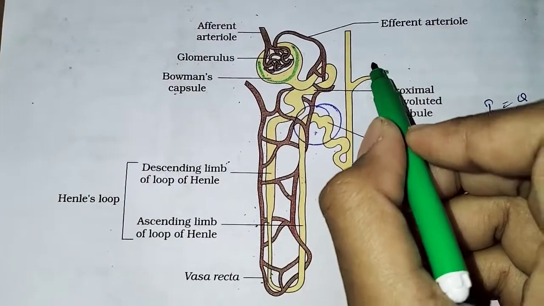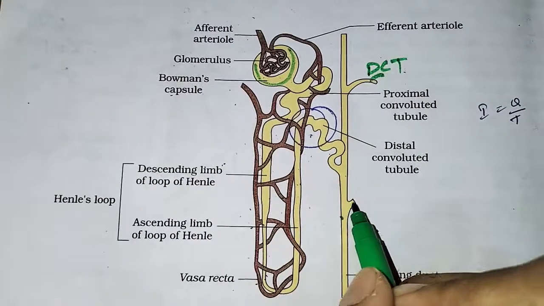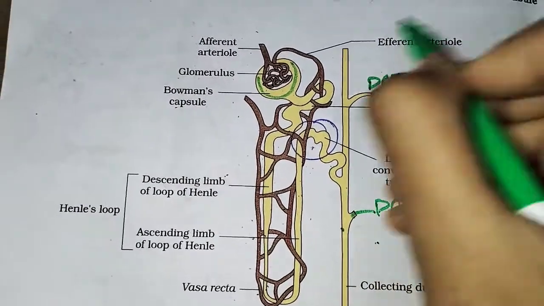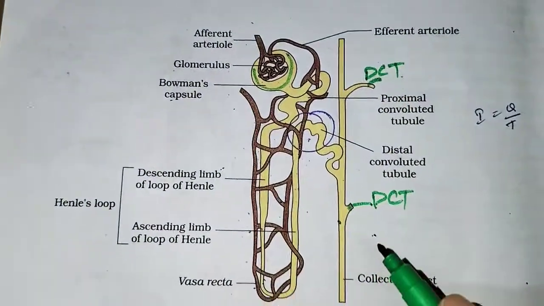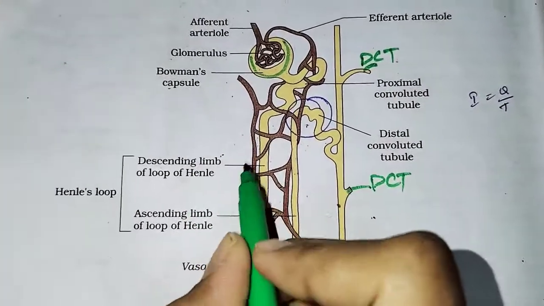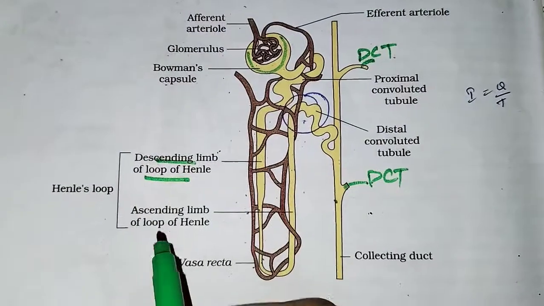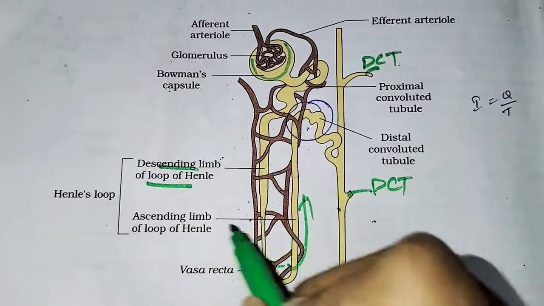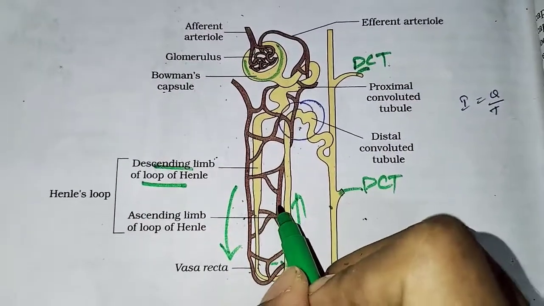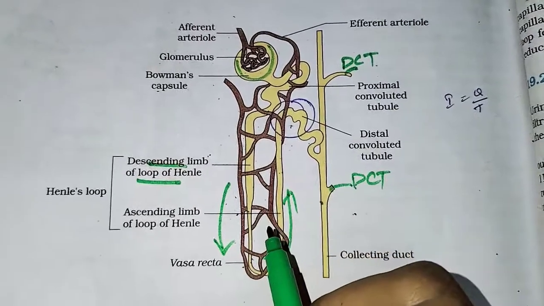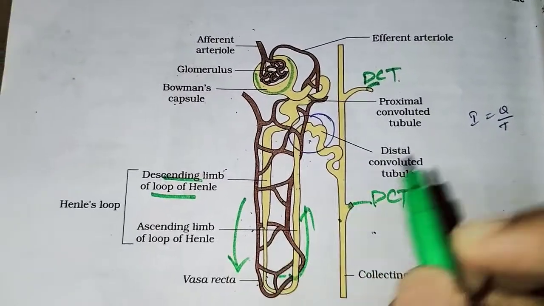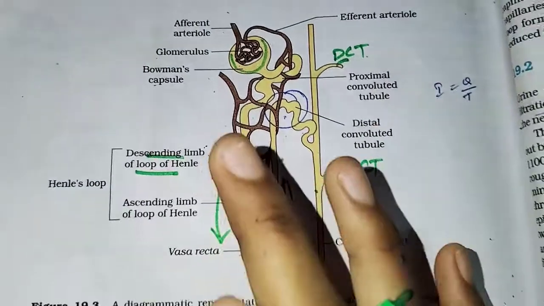This is one DCT, this is one DCT; like that millions of nephrons flow into the collecting duct. This Henle's loop has a descending limb, flowing down, and an ascending limb, flowing up, and the vasa recta are arranged anti-parallel. Clear? So this is our nephron.